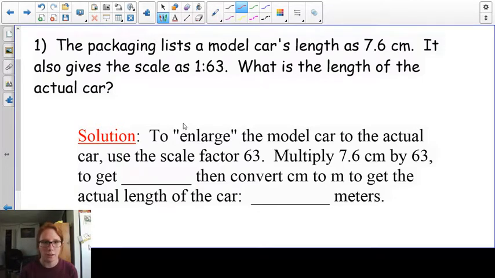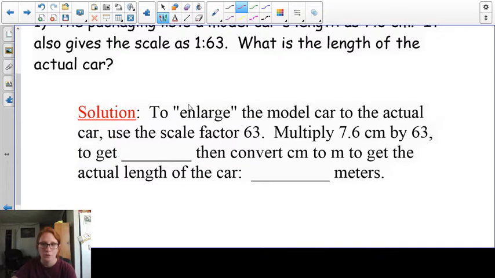If the model car is 7.6 centimeters, it also tells me that my scale is 1 to 63. That means 1 meter is equal to 63 centimeters. So, what's the length of my actual car?